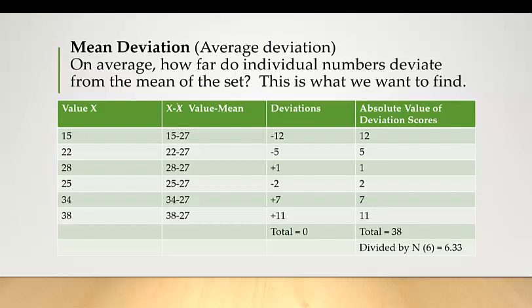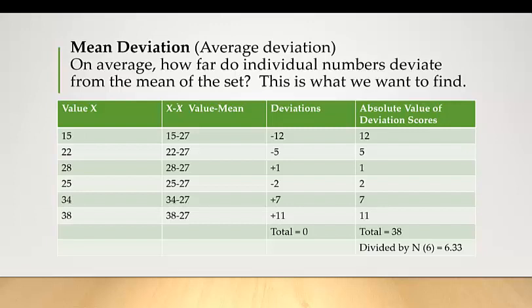The second class officer was able to do 22 sit-ups. 22 minus 27, X minus X bar. Their deviation was minus 5. In other words, they did 5 below the average, the mean. Our third one, 28. 28 minus 27 was a plus 1. This class officer actually did 1 more than the average, and so we have a plus 1.